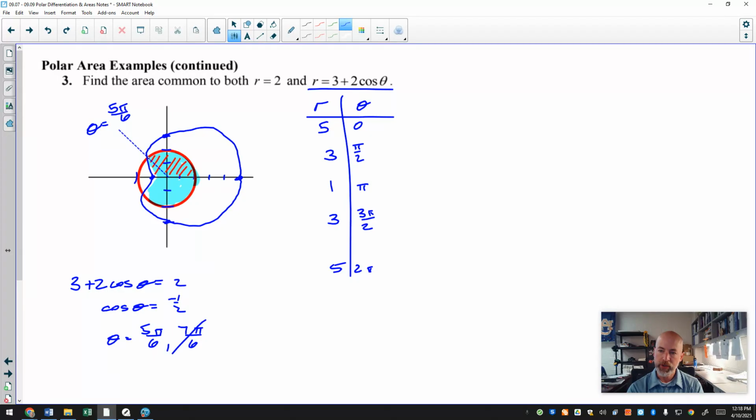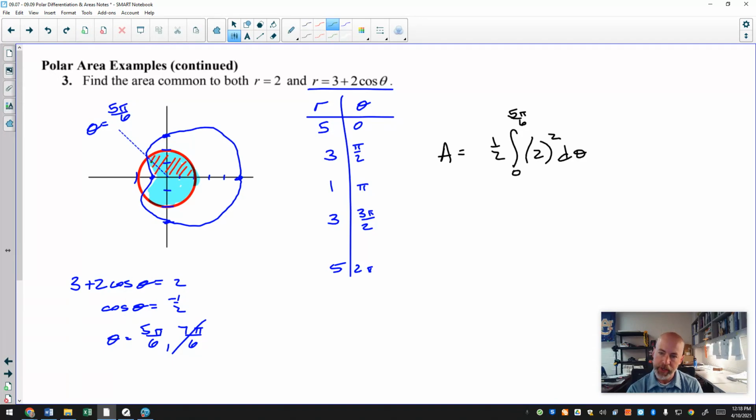And I'm noticing that from 0 all the way to 5 pi over 6, we are only looking at the area contained by the circle. And there are a couple of ways to do that, but I'm going to do this. I'm going to say that this overall area is going to be the area inside from 0 to 5 pi over 6 of only the circle. That's 2 squared d theta.